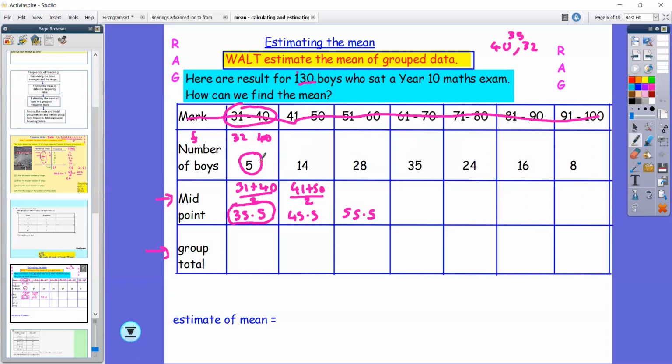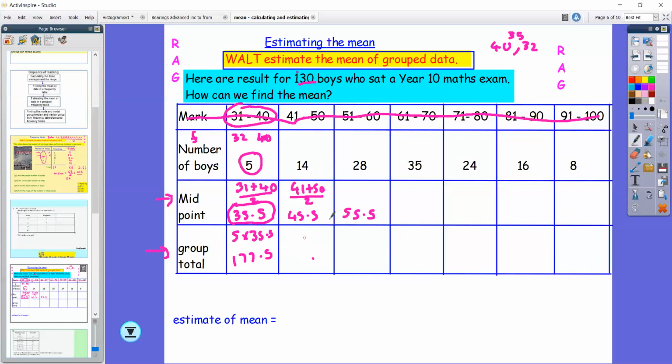So what do I work out for my group total here? 5 boys got an estimated mark of 35.5. That's 5 times 35.5, which is, I don't want to get this wrong, 177.5. 14 boys got an estimated mark of 45.5, and so on.